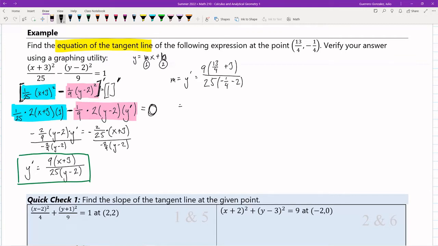So it's going to be 9, 13 over 4 plus 12 over 4, divided by 25, over 9 over negative 1/4 minus 8 over 4.